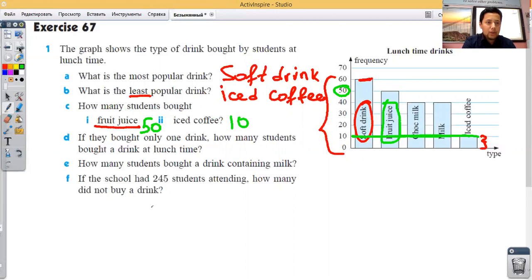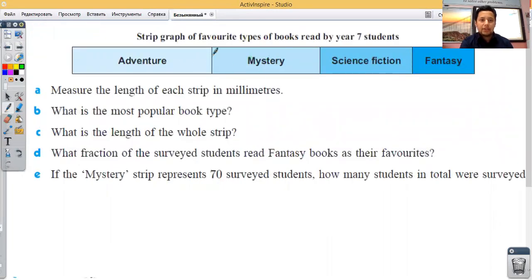Now the second question. The second question is strip graph. Here we have information about books, types of book: adventure, mystery, science fiction, fantasy. You can do it by yourself at home. I cannot show it because I need a ruler and book. Right now I don't have ruler and book.